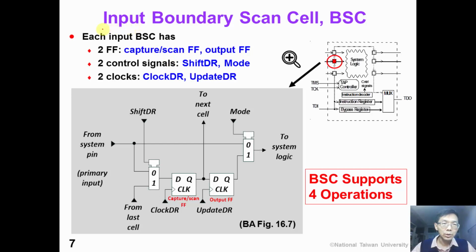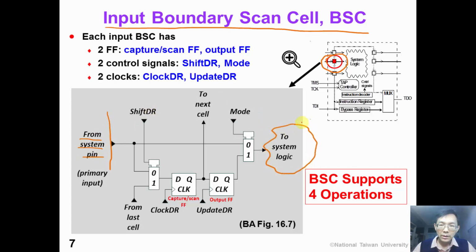Now let's look into the detailed structure of the input boundary scan cell (BSC). In the figure on the upper right, we can zoom in on this square, which is the input boundary scan cell. On our left hand side is our system input pin. On our right hand side is the system logic.